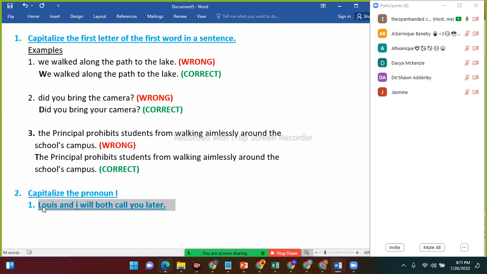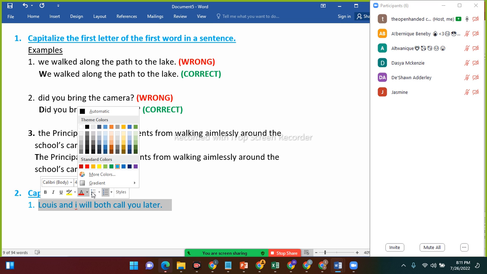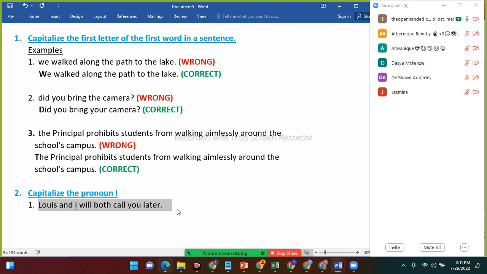What's the problem with this sentence? The I is not capitalized. The pronoun I is not capitalized. So this is definitely the wrong way.